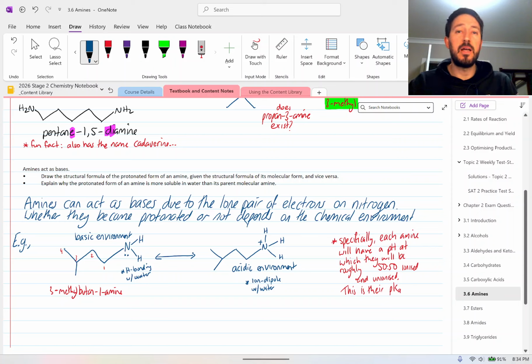And whenever you have a stronger interaction, that is going to be more favorable. In which case, this protonated version of the amine is going to interact with water more favorably than the non-protonated version, which will make it dissolve more easily. It can get in between the water molecules because the water molecules are happy to have that interaction with it.